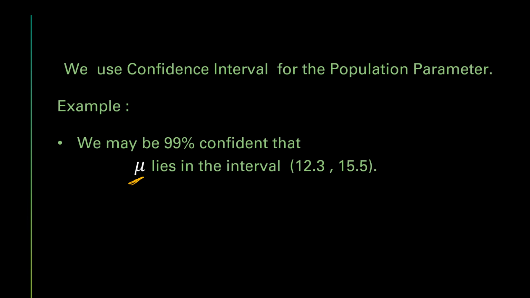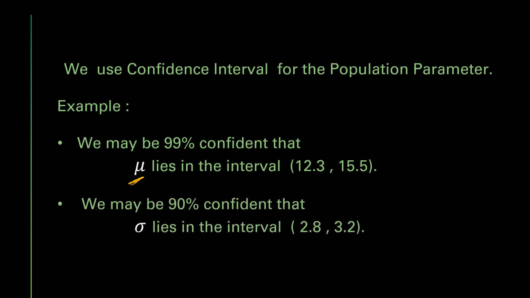We can find the confidence interval for the population parameter. We may also say that we are 90% confident that sigma lies in the interval 2.8 to 3.2. So in this case, this sigma is the population standard deviation. So both this mu and sigma are the population parameters. So only for the parameters you can find the confidence interval.